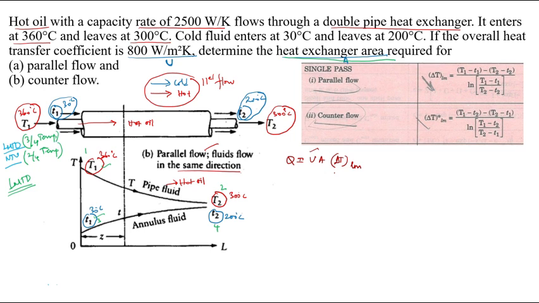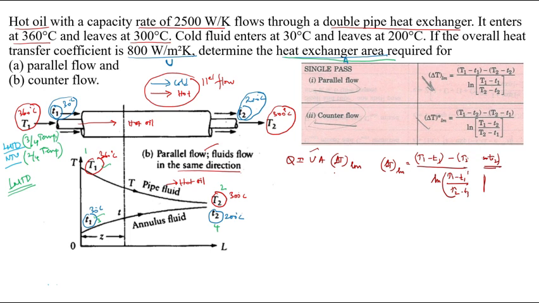So delta T Lm is equal to (T1 minus t1) minus (T2 minus t2) divided by ln of (T1 minus t1) divided by (T2 minus t2).